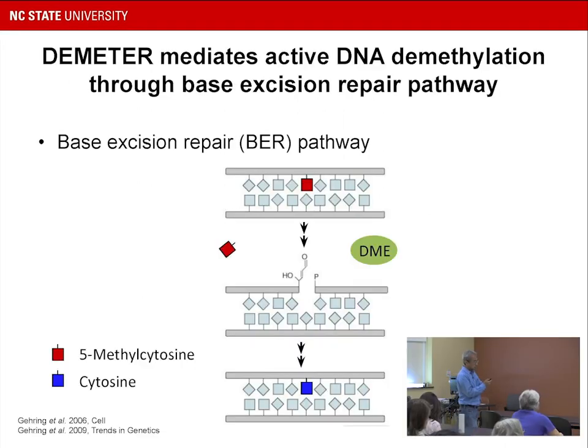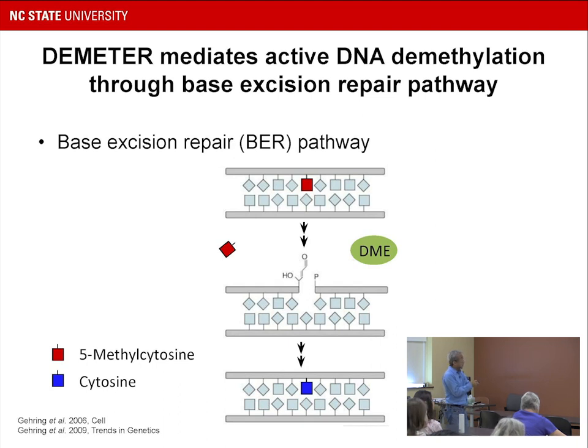Okay, DEMETER. After many years of research, we finally established that DEMETER is actually a demethylase gene. It has a glycosylase domain, and you probably remember the function of glycosylase genes is to remove mismatched bases after cell division or when the DNA gets damaged.